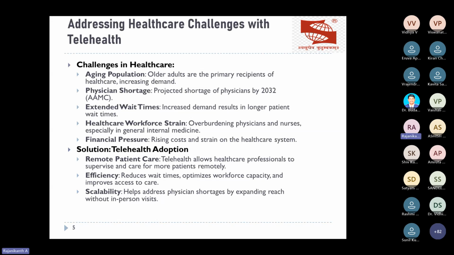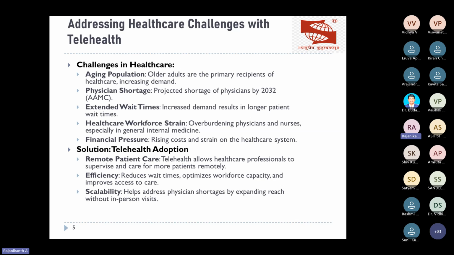As we know, the lifespan has increased because of current healthcare conditions. The average age has increased, and we are going to have more and more older people who require healthcare support, which again means increased demand.